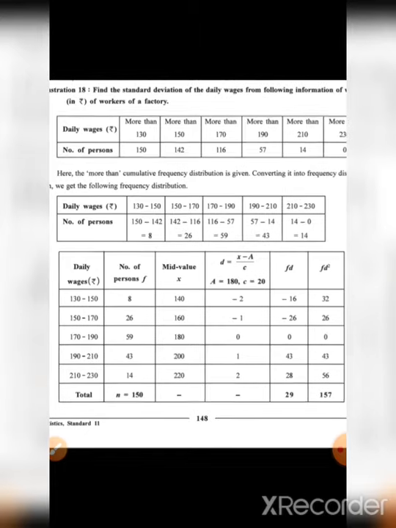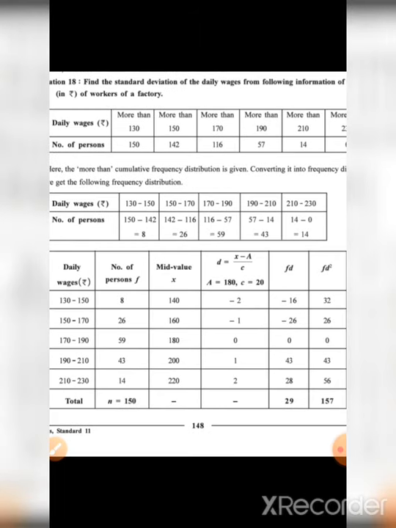Now if you see the table, the classes are 130 to 150, then 150 to 170, then 170 to 190, 190 to 210, and 210 to 230.